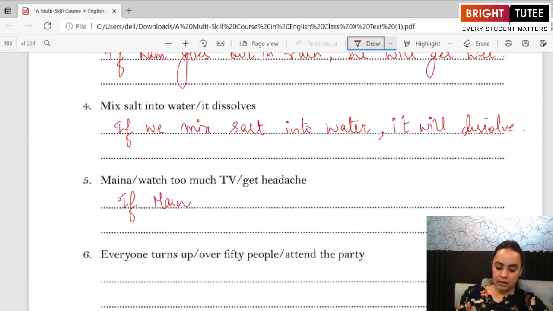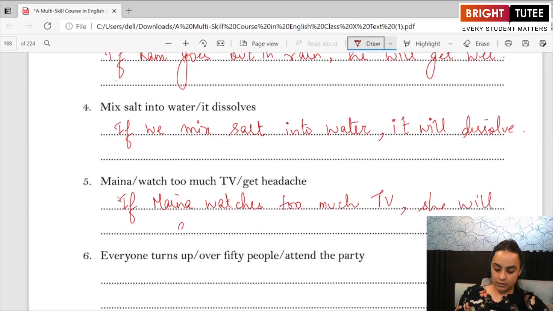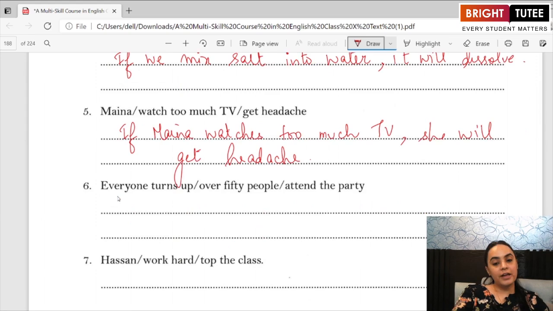If Mina watches too much TV, she will get a headache. So this way you can complete the rest of the sentences with ease.